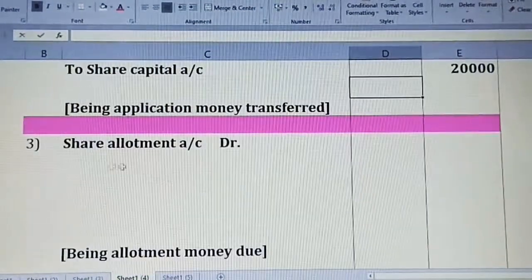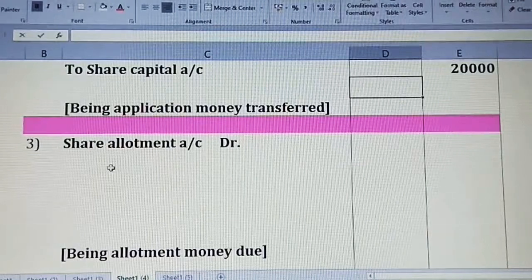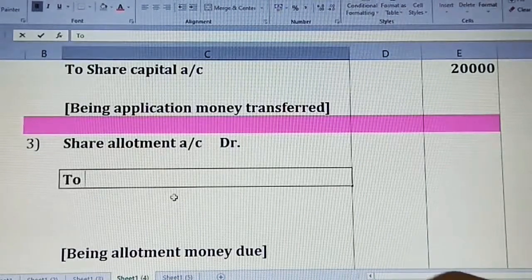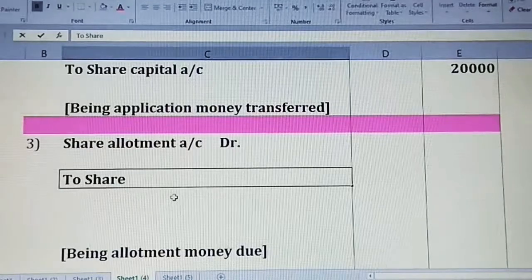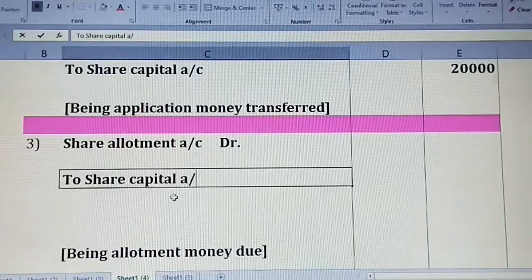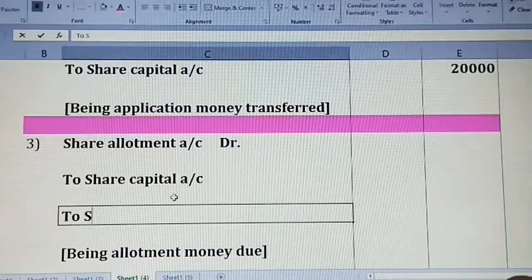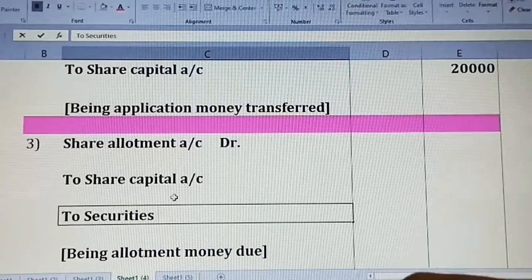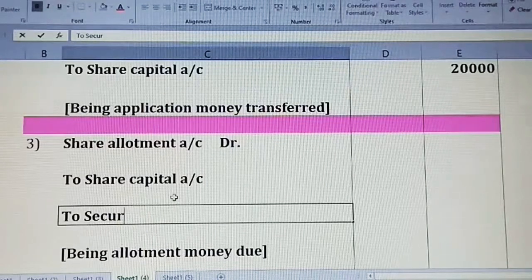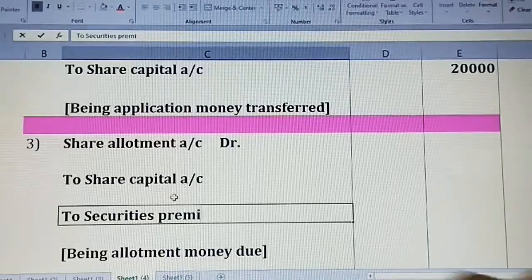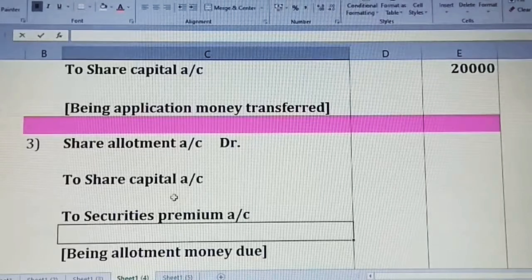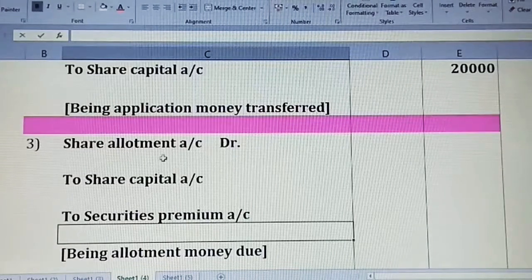So coming to the allotment entry, it is going to be share allotment account debit to share capital account and to securities premium account. Now we are going to go for the calculation.